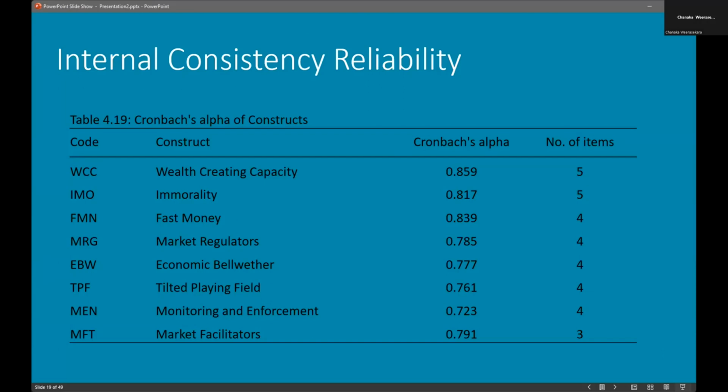There are some scholars who argue that if the Cronbach alpha value is 0.9, it is quite artificial for social science research. It cannot happen. So therefore, that is not reliable either. There are different sorts of arguments in this field, but the generally accepted one is actually 0.7.